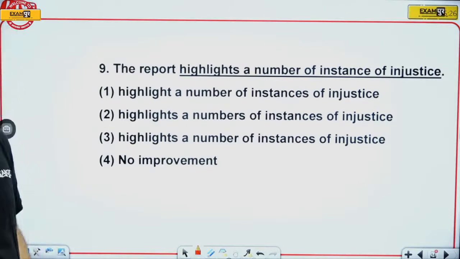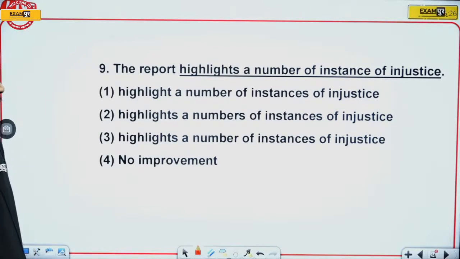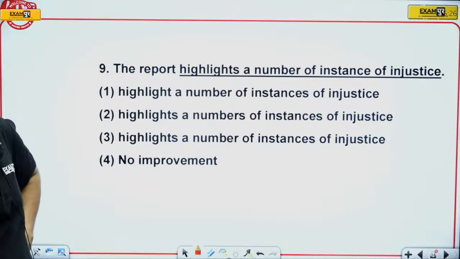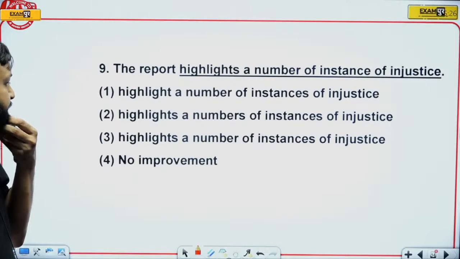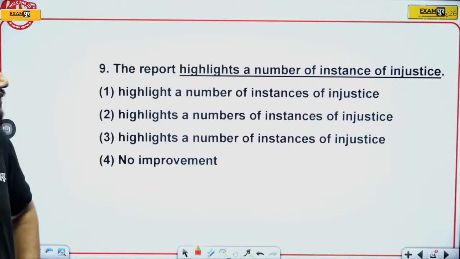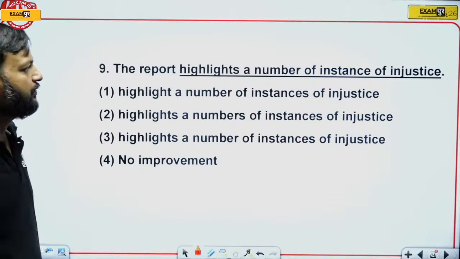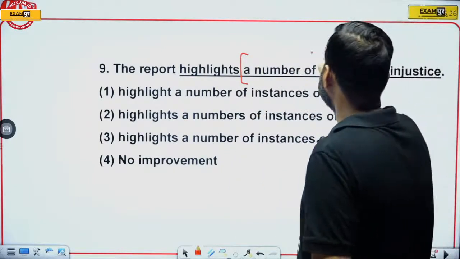The report highlights a number of instances of injustice. See, here we have a number of.